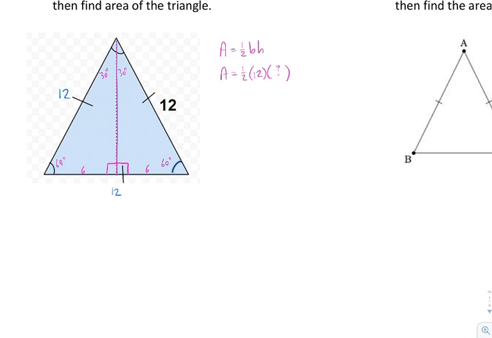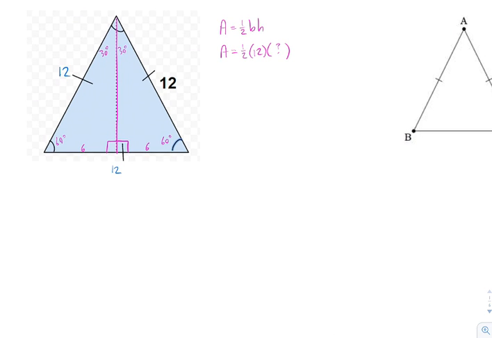So you've got two ways to do this. You can either notice it's a 30, 60, 90 triangle. My triangle here has a 60 and a 30 and a 6 and a 12. I'm dealing with half of this entire triangle. That's similar to our standard 30, 60, 90. Notice I orient it the same way as my original.